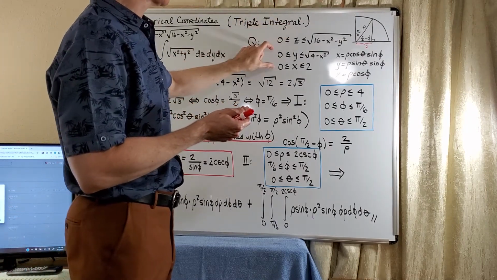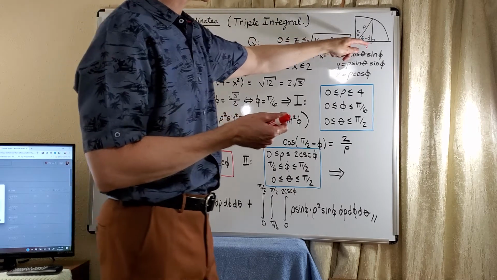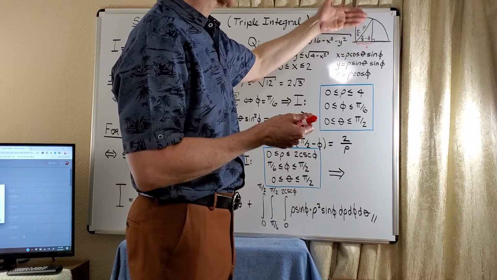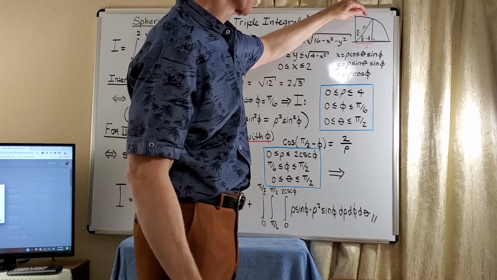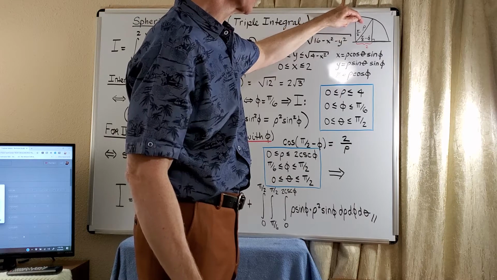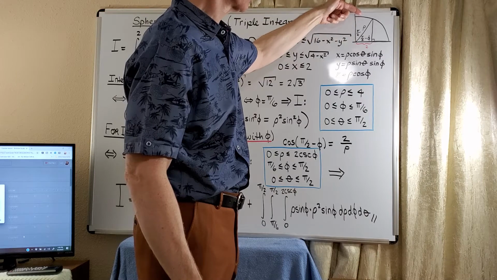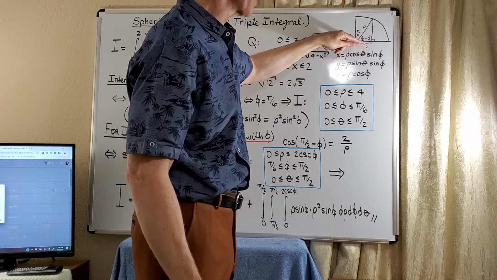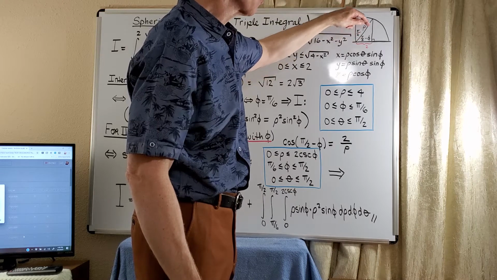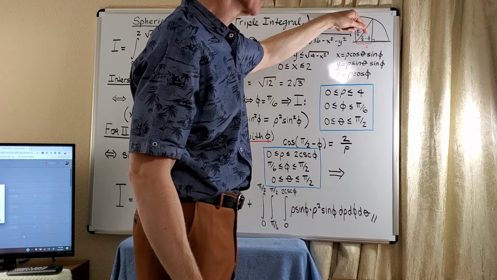Now, in order to work this problem, we have to notice that the part here, as it extends to the hemisphere, does not fully complement the hemisphere. It cuts into it, as I've written here, in a cross section. In this particular area from 0 to pi over 6, rho is always running from 0 to 4. But as you move into the range from pi over 6 to pi over 2, the actual magnitude of rho is dependent upon phi.